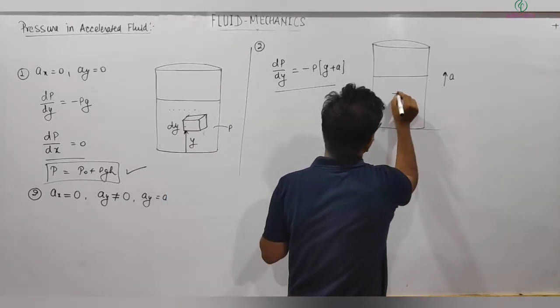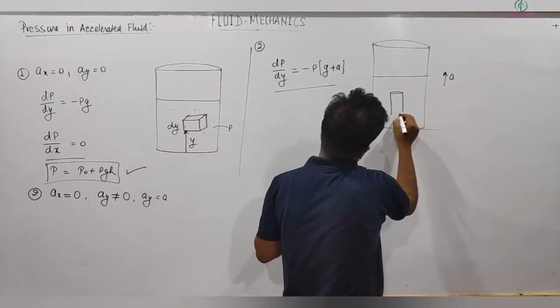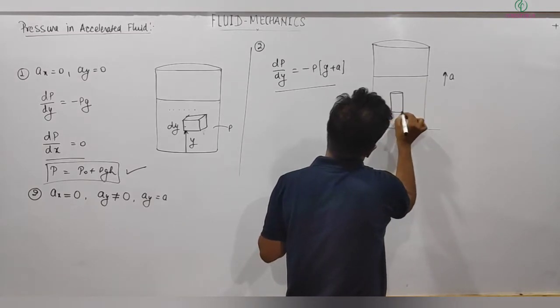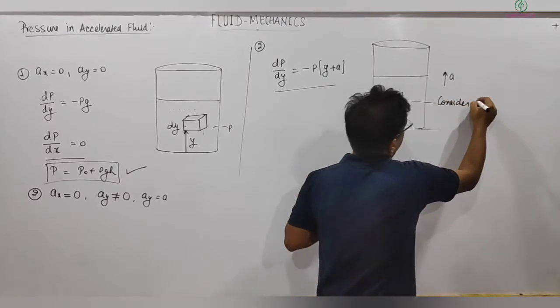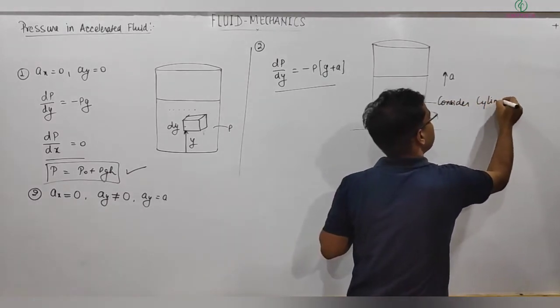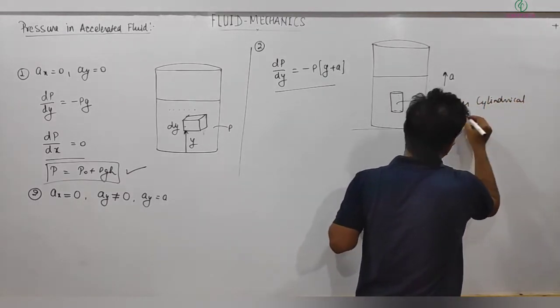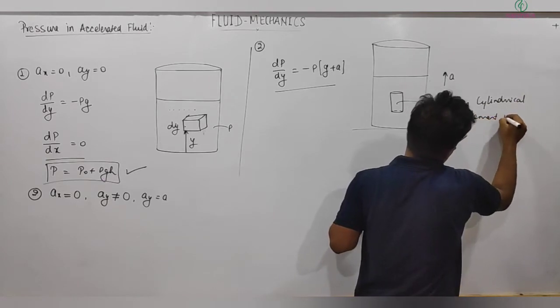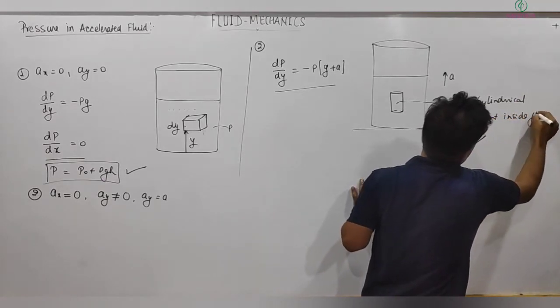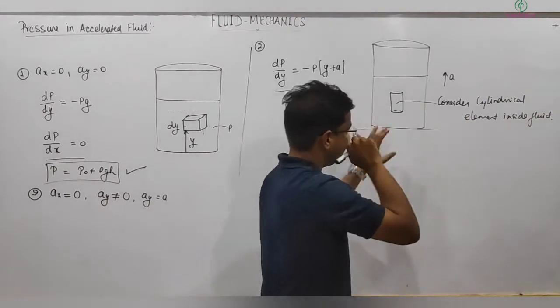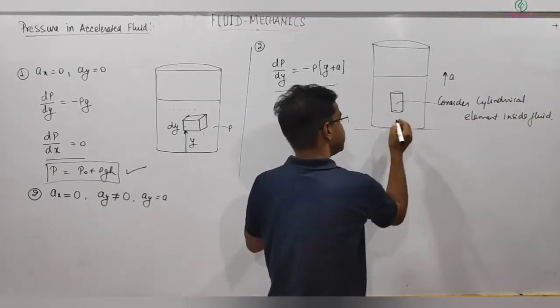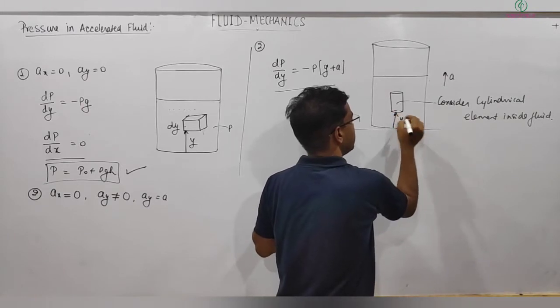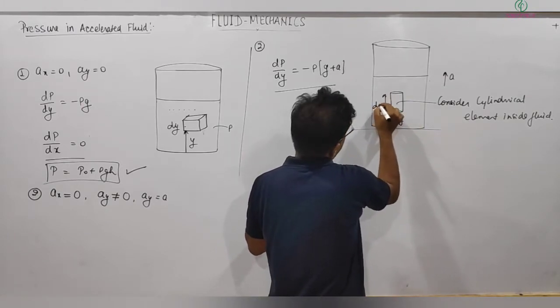So here what I can consider is just one imaginary cylindrical element inside the fluid. Now this element, with respect to this frame, will be at rest, but let's say here again this is at y, this height is dy.